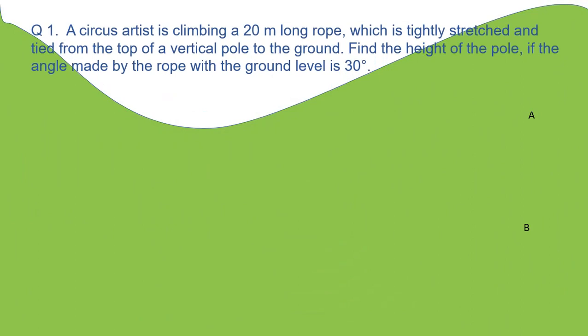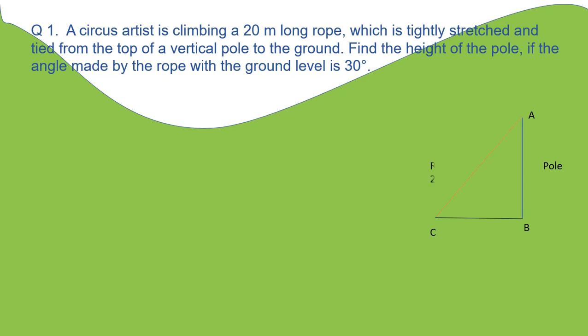A circus artist is climbing a 20-meter long rope which is tightly stretched and tied from the top of a vertical pole to the ground. Find the height of the pole if the angle made by the rope with the ground level is 30 degrees. Here AB is the pole, and at point C the rope is tied.